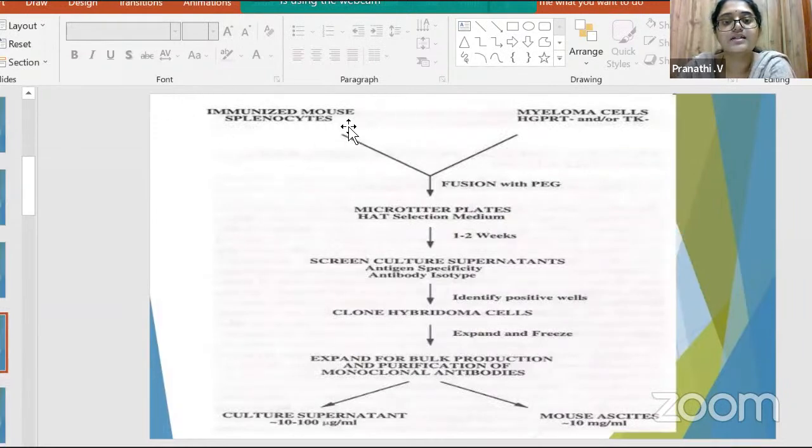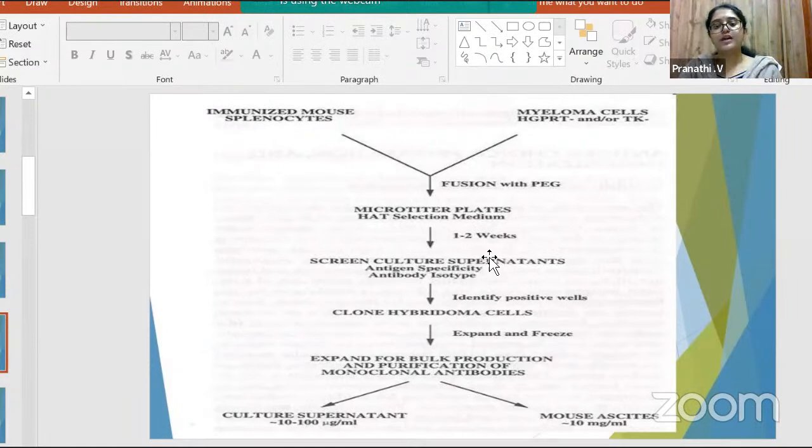You can see immunized mouse splenocytes and myeloma cells, with HGPRT and without HGPRT and TK. So you have the minus sign over here, meaning that that gene is not present in the myeloma cells. Fusion with PEG, that is polyethylene glycol, then microtiter plates with the HAT medium, the selection medium, that is hypoxanthine aminopterin thymidine.